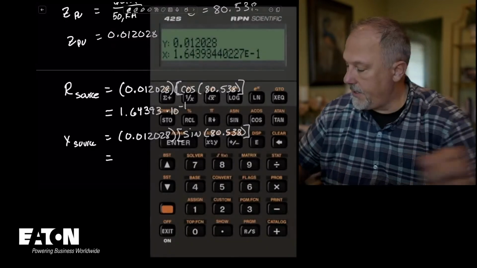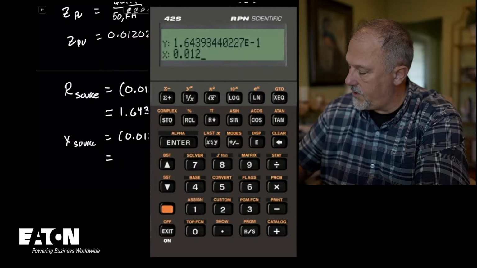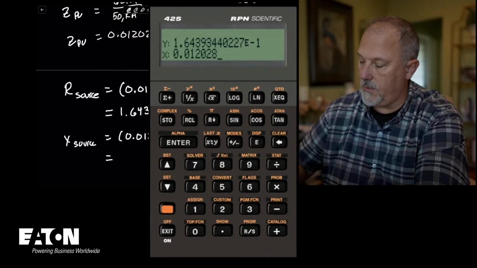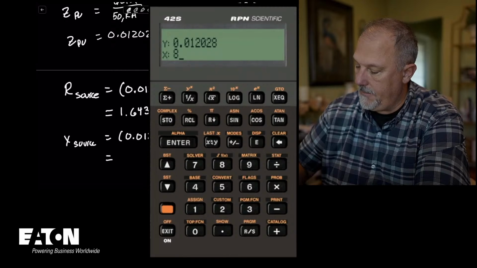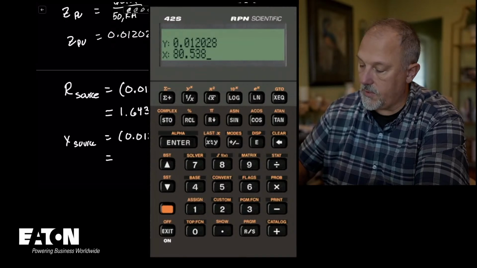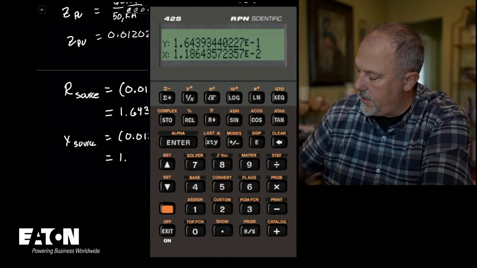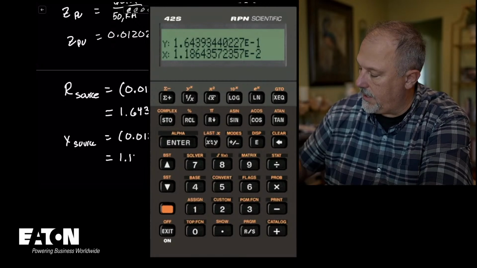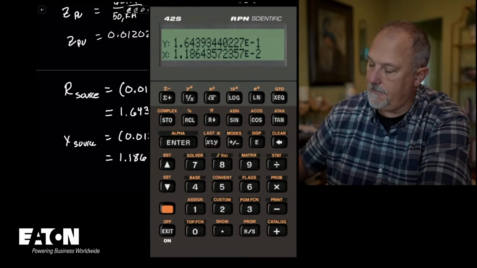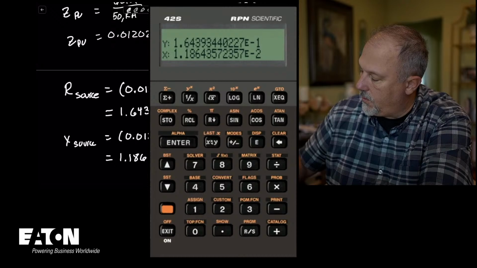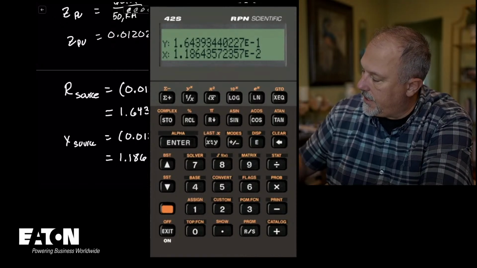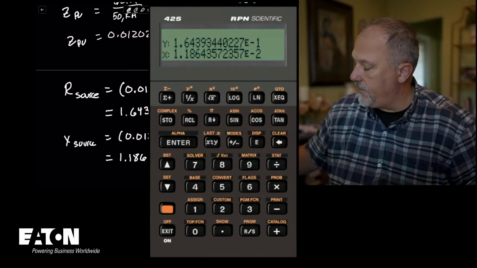Let's go back and we put 0.012028 times 80.538 sine. That is 1.186435 times 10 to the negative 2. See, these are very small numbers.